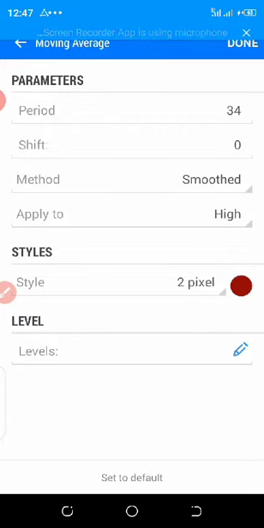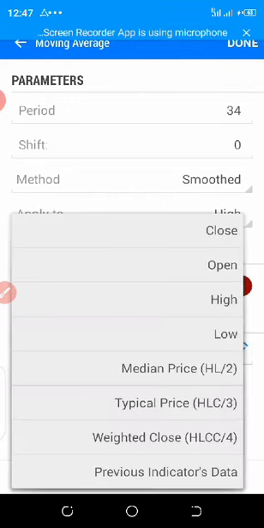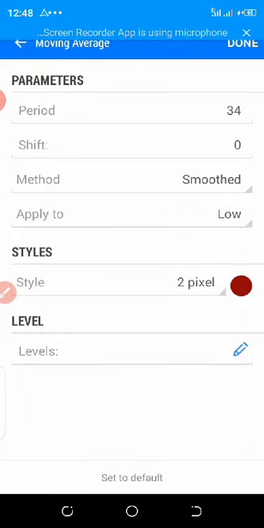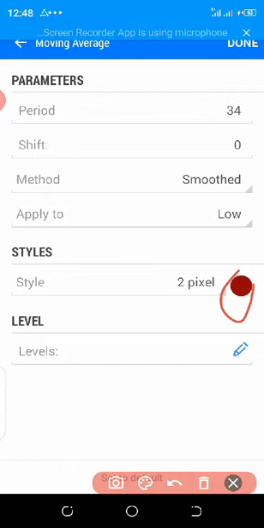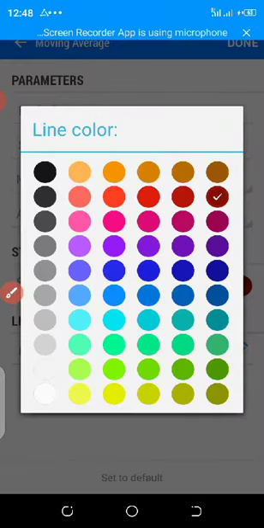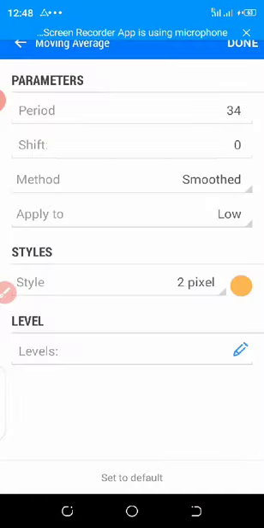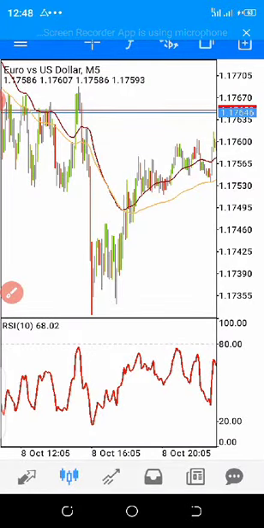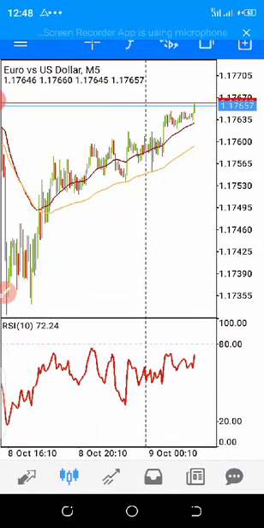Then apply to, the high you change it to low. Then the color, you change it to yellow. Then you press done here. Now we have two moving averages on our chart.